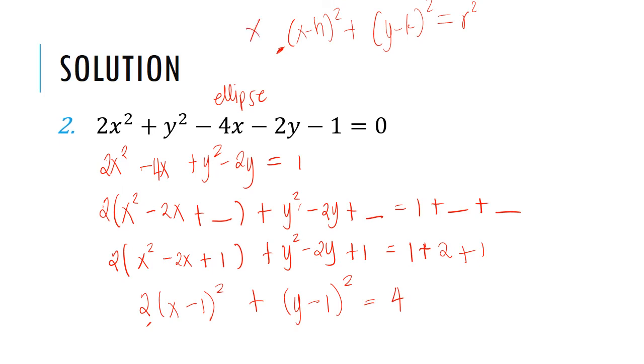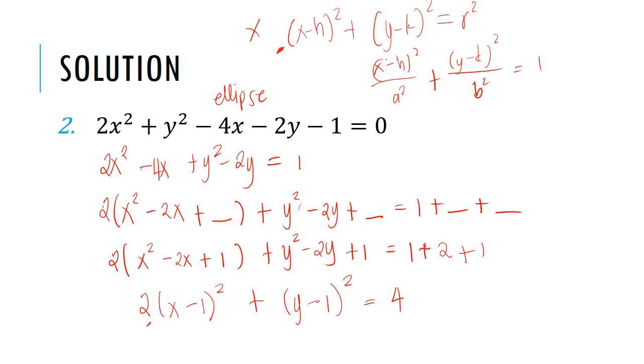However, for an ellipse, we have x minus h squared over a squared plus y minus k squared all over b squared equals 1. The right hand side should be 1.